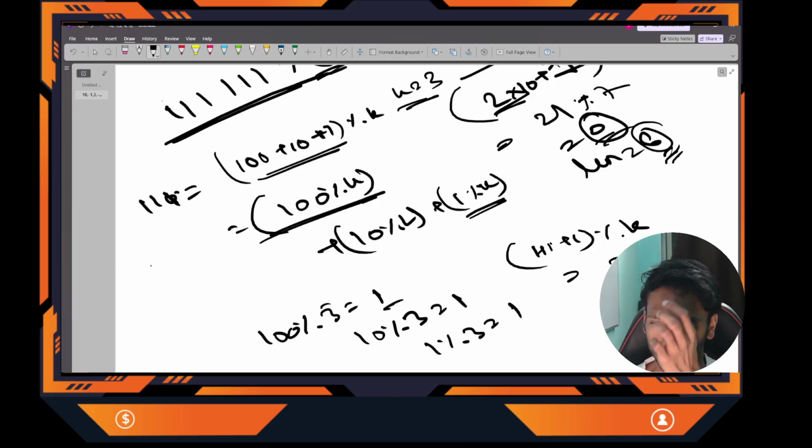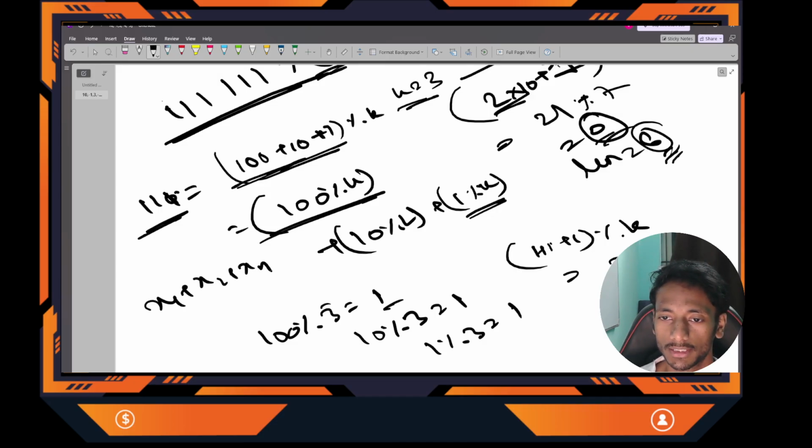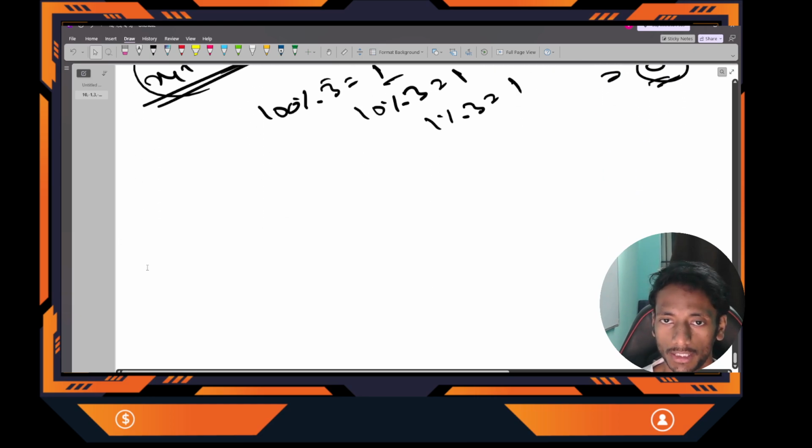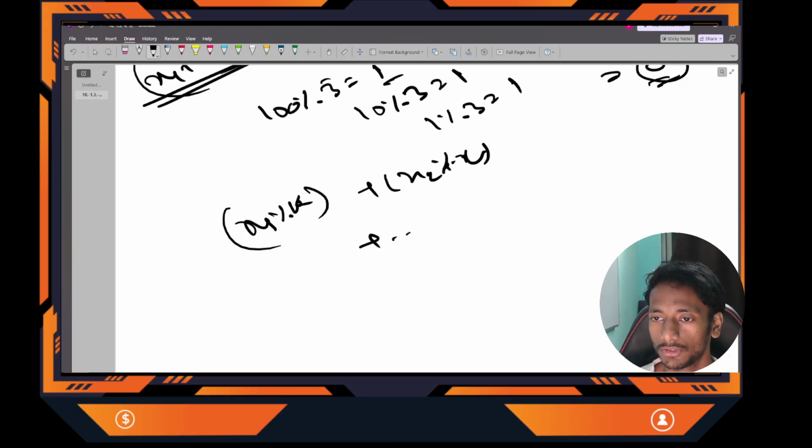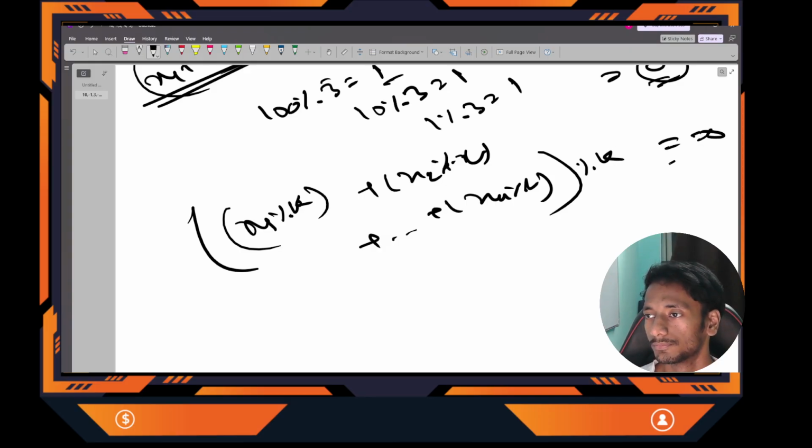Got it? So if we represent any number as x1 plus x2 plus up to xn, then x1 modulo k plus x2 modulo k and so on up to xn modulo k, if the sum is divisible by k, it should be 0.